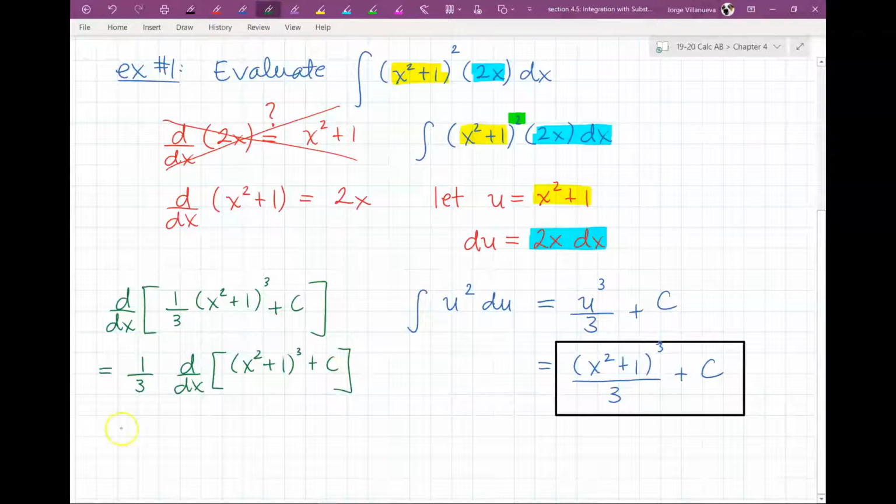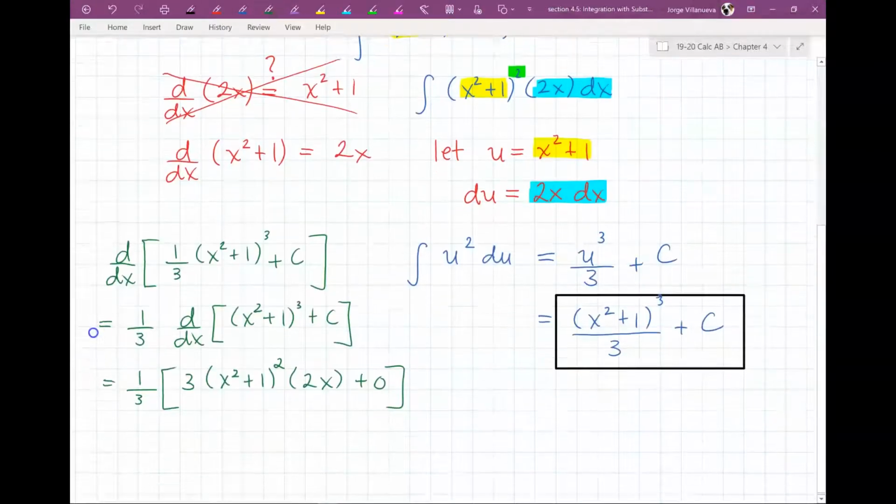Now, the derivative of (x squared plus 1) to the third is a chain rule. So there's a 3 that comes down, I write (x squared plus 1) squared, and then I have to multiply by the derivative of the inside, which would be 2x plus 0, or 2x. And then the derivative of c is 0.